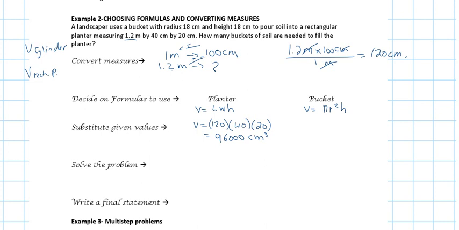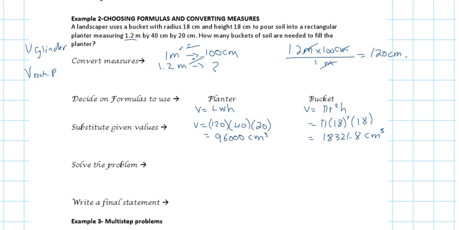And that's going to be pi times 18 squared times 18, which is 21.8, right? So I found the volume of the bucket and I found the volume of the rectangular prism.